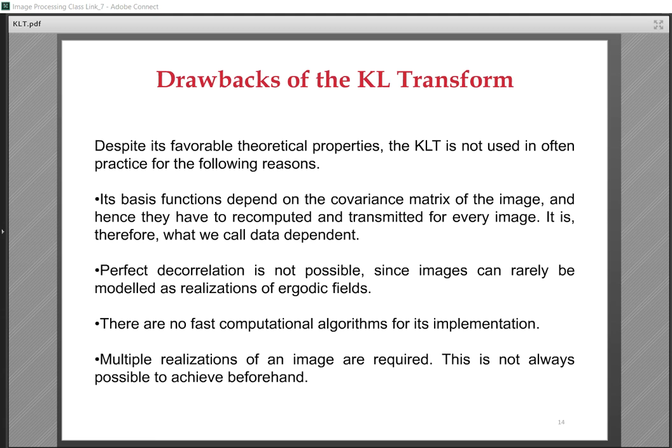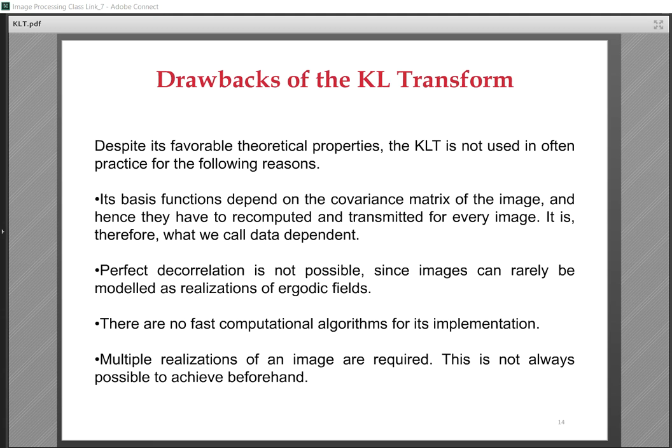That means they aren't ergodic processes, and that leads to not perfect decorrelation, and not all of the good properties of the KLT. Another one.